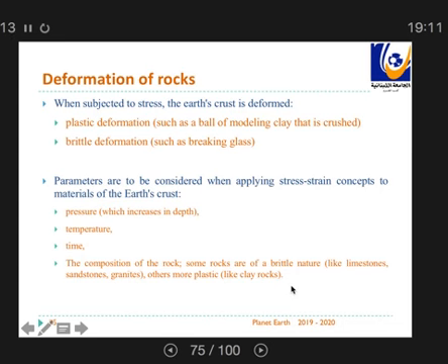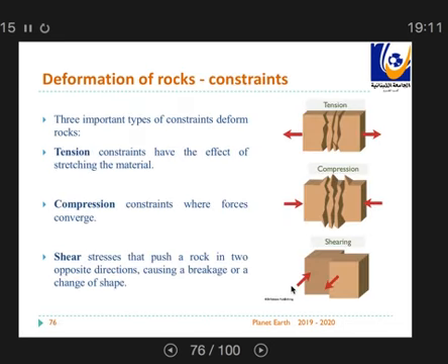Okay, now the deformation may be due to different types of constraints. You have tension, where the material is being stretched.